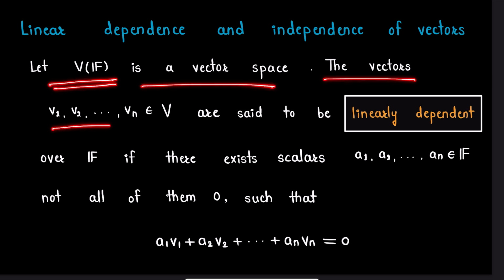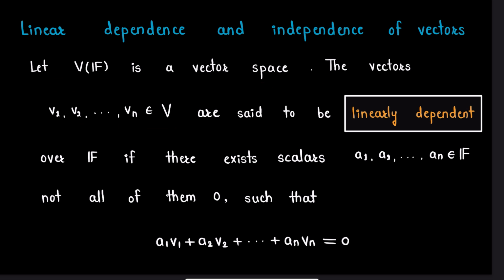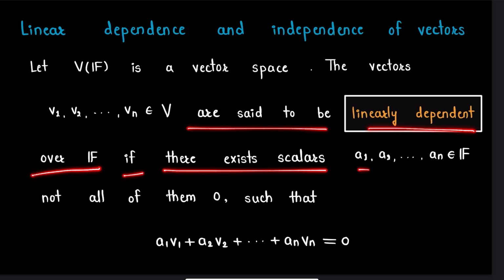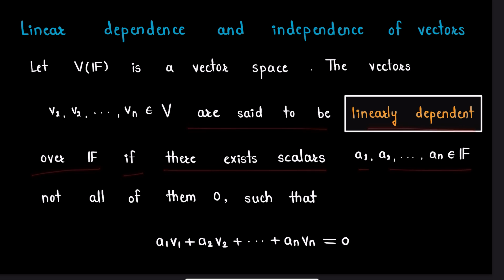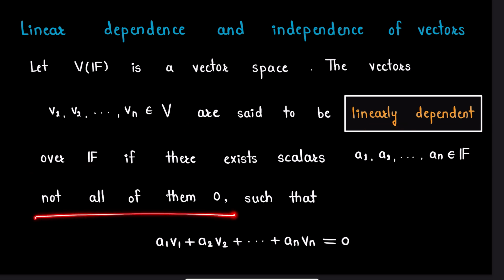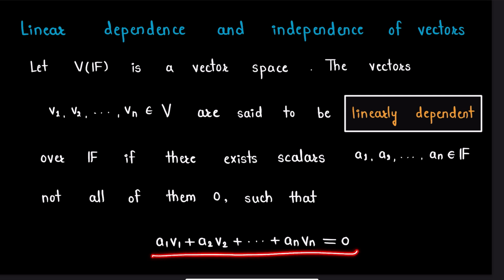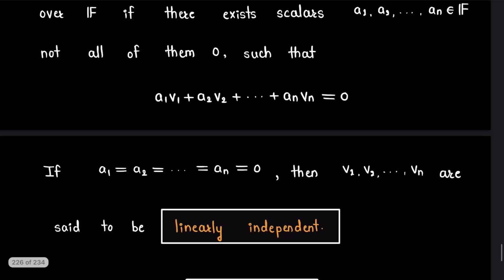The vectors v1, v2 up to vn in vector space V are said to be linearly dependent over field F if there exist scalars say a1, a2 up to an in field F, not all of them 0, such that the linear combination a1 v1 plus a2 v2 plus and so on plus an vn is equal to 0. Now, if all the scalars a1, a2 up to an are 0, then vectors v1, v2 up to vn are said to be linearly independent.